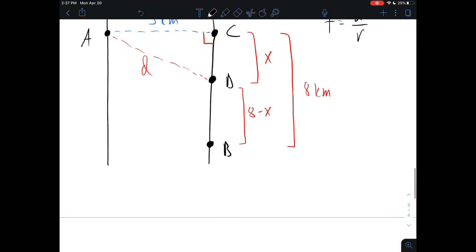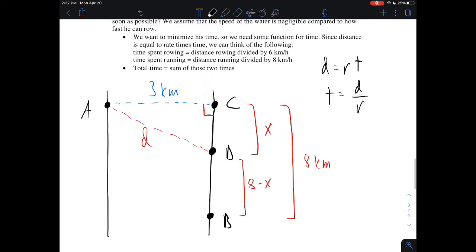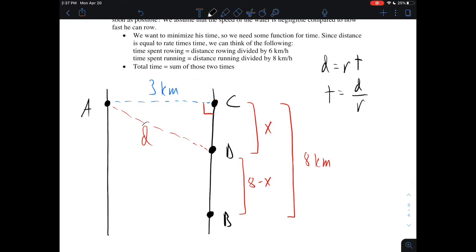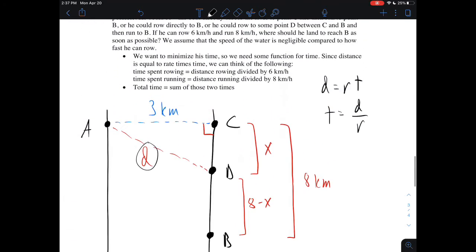So I'm actually going to say this, the time for rowing is the distance that the person will row, which is d, divided by 6 kilometers per hour. And I'm just going to use 6. The time spent running is the distance that was run.